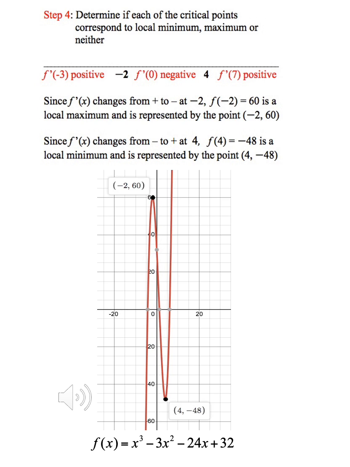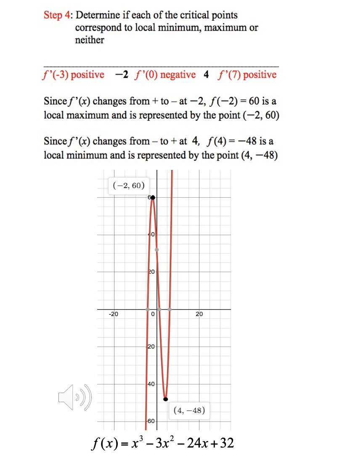So now when we look at our critical value negative 2, as we go from left to right, as we pass over negative 2, we see that the first derivative went from positive to negative, and the first derivative test tells us that at that critical point, negative 2, we will have a local maximum.